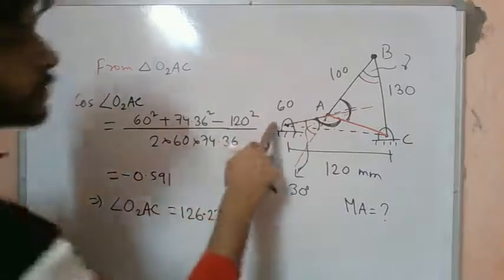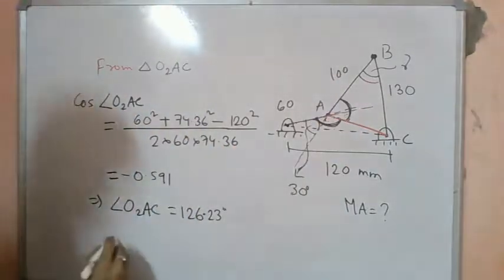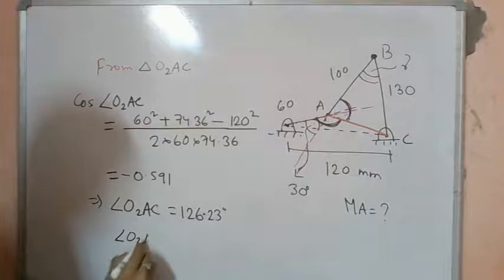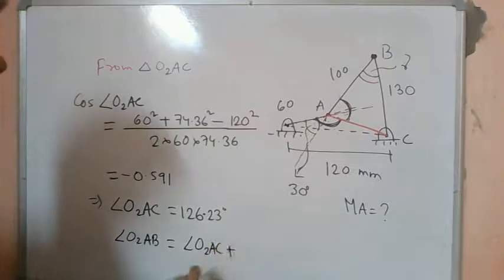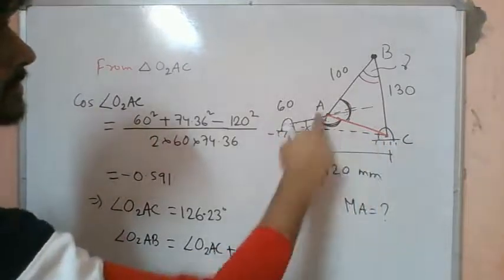So the obtuse angle O2AB equals angle O2AC plus angle CAB.